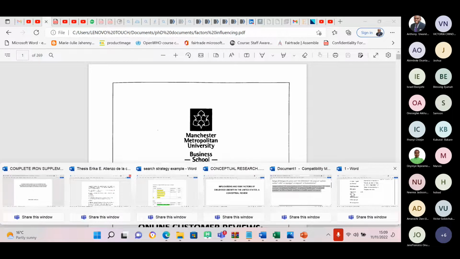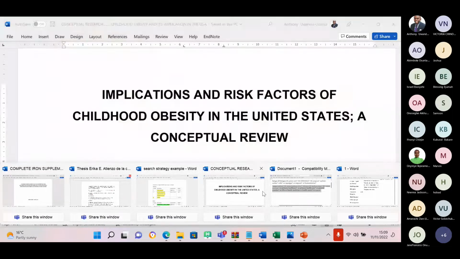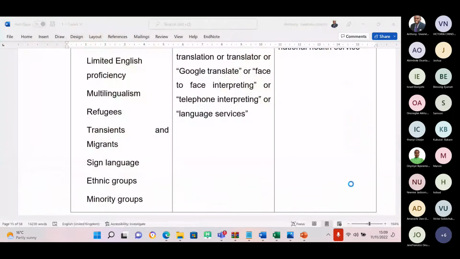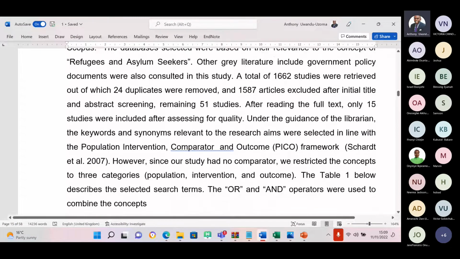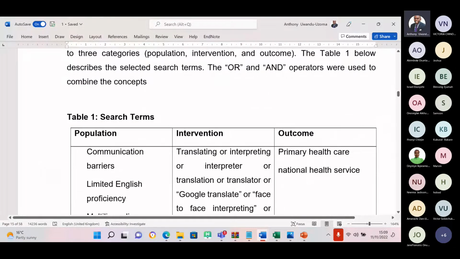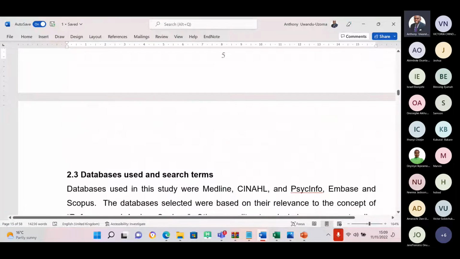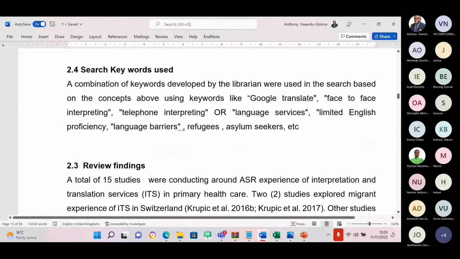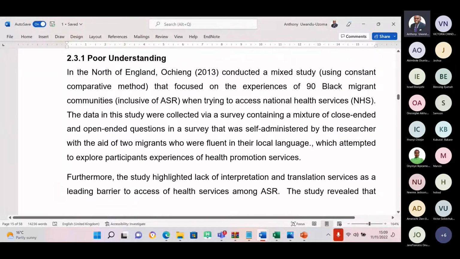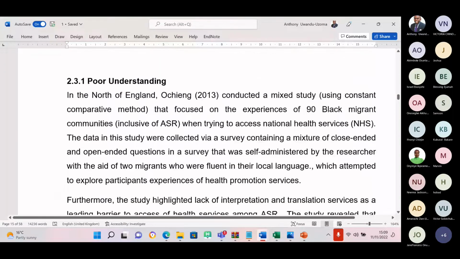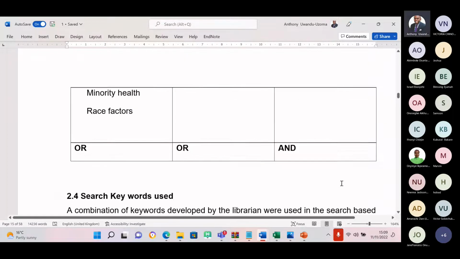Let's continue about my topic. So now, you should be able to say in your methodology. Let's go to methodology section, because that is the most important section in your research topic. Okay.